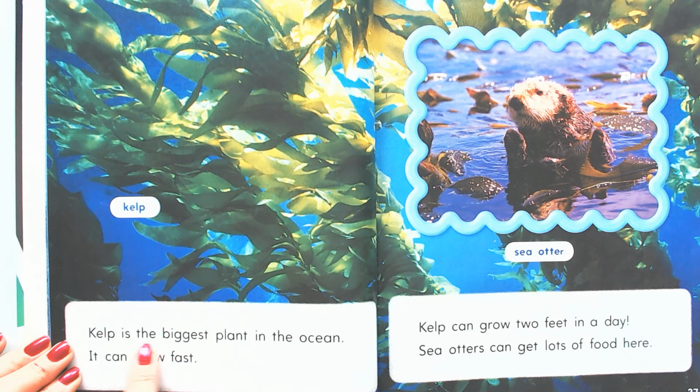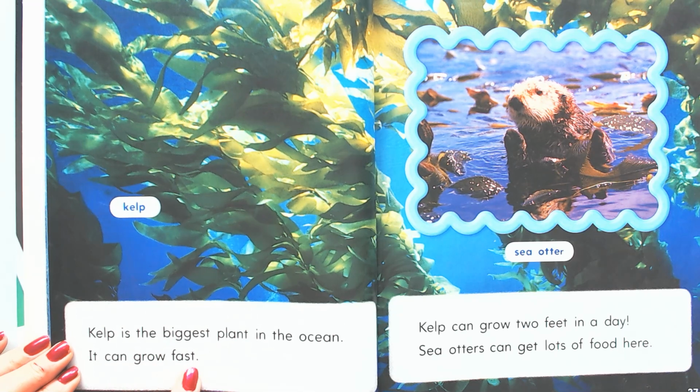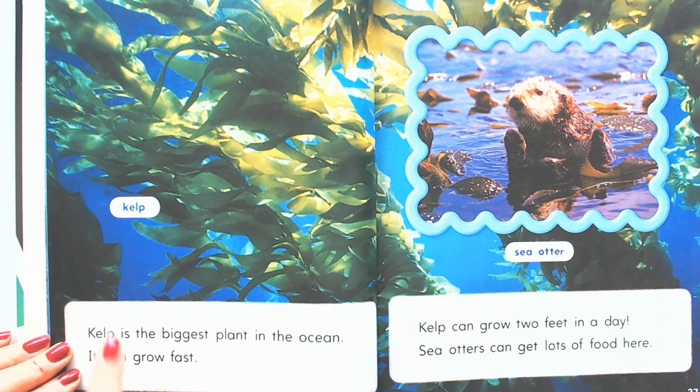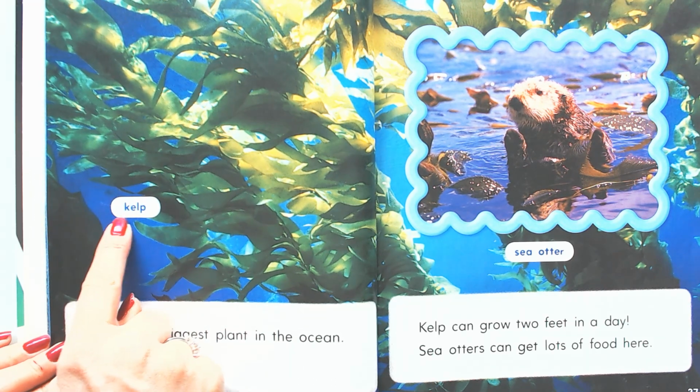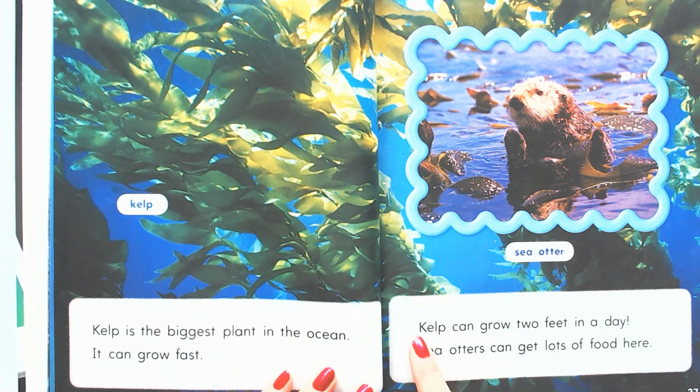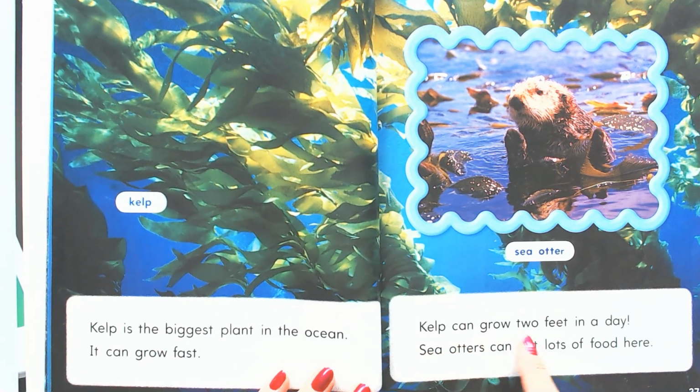Kelp is the biggest plant in the ocean. It can grow fast. So if anyone ever asks you, what's the biggest plant in the ocean? You can remember and say, kelp. Kelp can grow 2 feet a day.